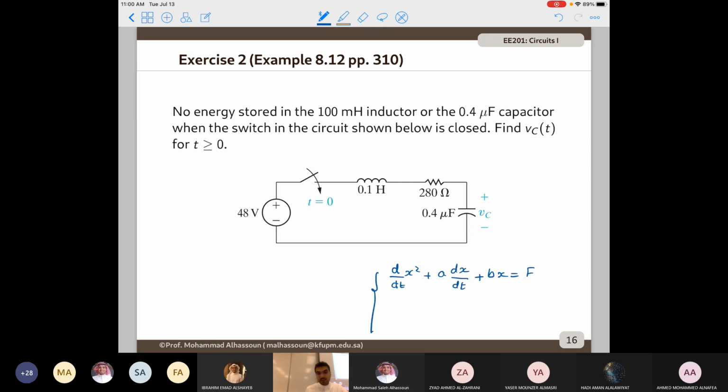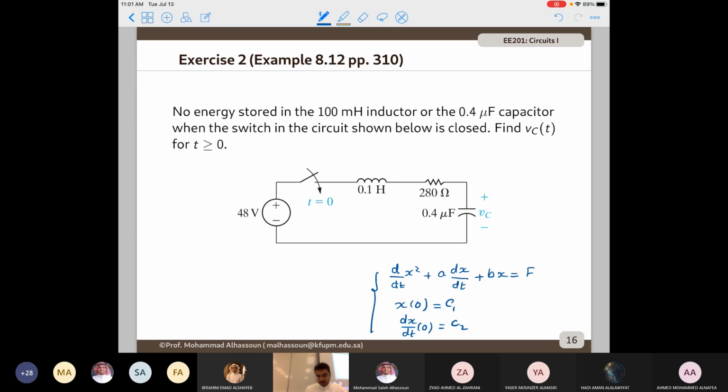So in order to uniquely solve for this problem, I need to give you the initial value and the derivative of the initial value. Otherwise, you will have infinite possibility of solutions, an infinite number of solutions.